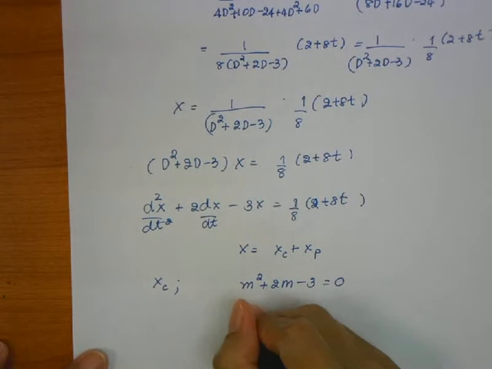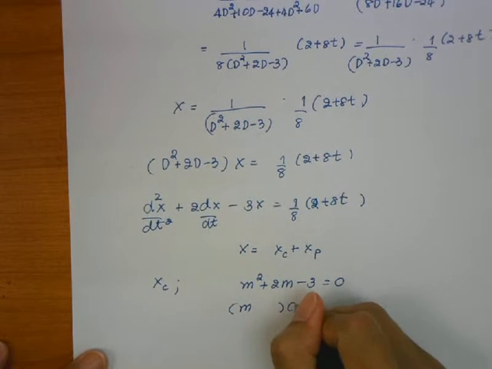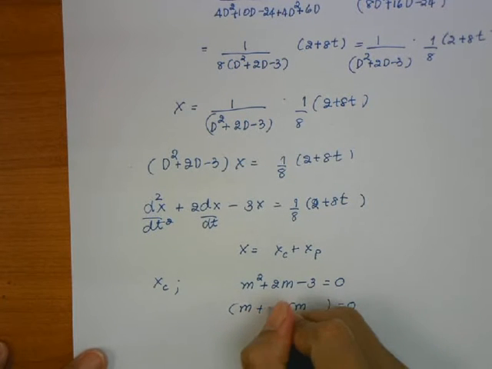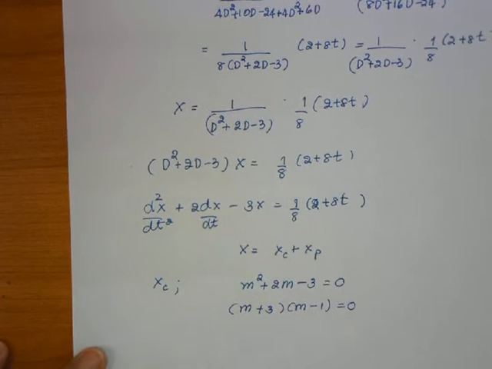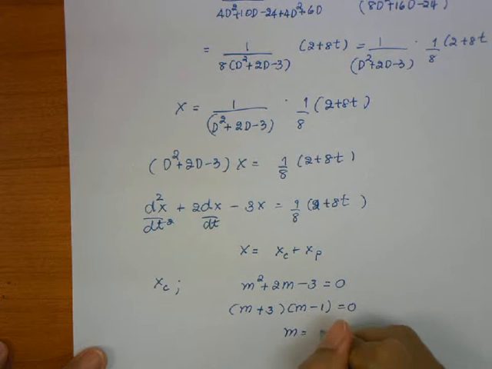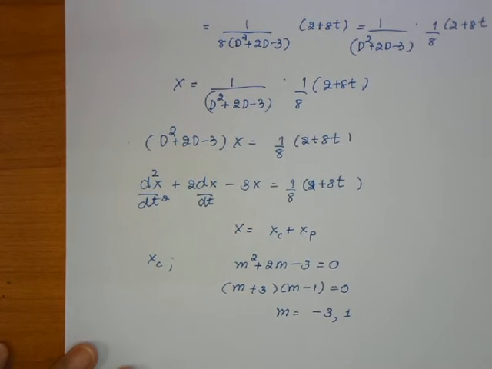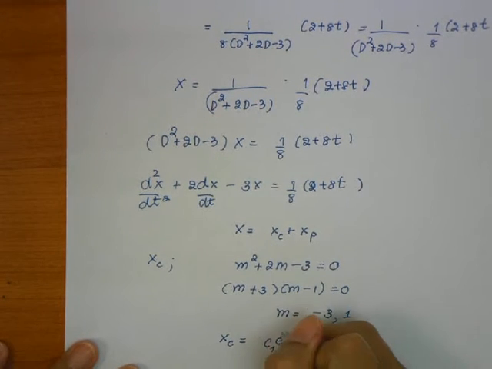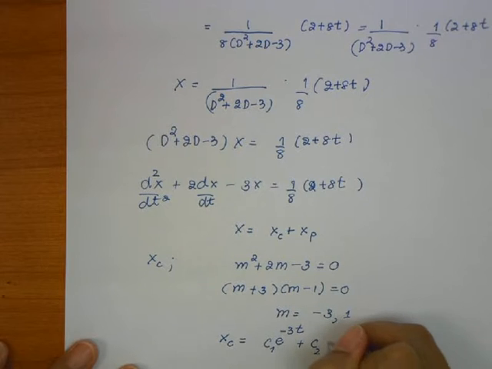From this you can find two values of m, which are m equal to minus 3 and 1. So our xc is equal to c1 times exponential of minus 3t plus c2 times exponential of t.